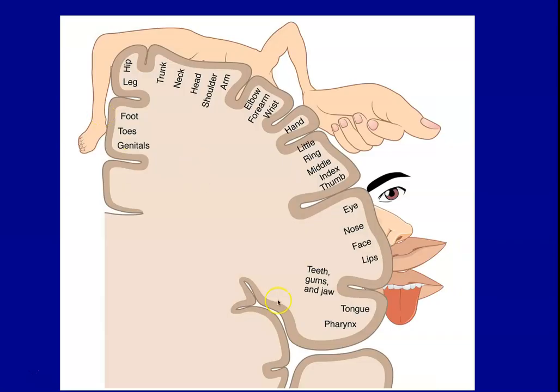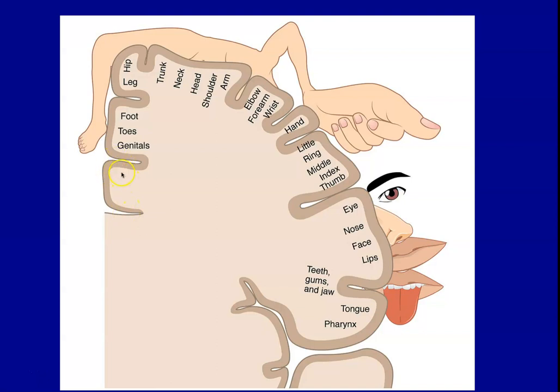Now here's an image of what they call the sensory homunculus. This is if you were to take a slice of the brain, and along here, this area is the cortex, that little thin layer that sits on top of the brain like the rind of a watermelon. It's convoluted, so it has the gyri and the sulci here. And you also see from this how it's organized.